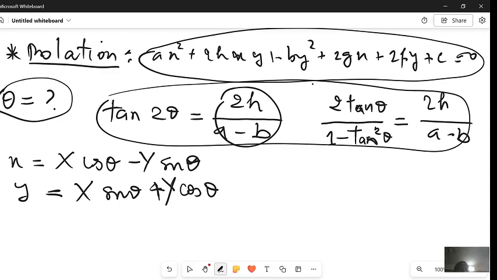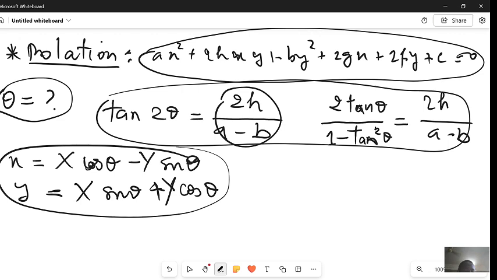Whenever you found the value of theta, you just replace here. We determine the value of these two equations. We call them the equations of transformation.